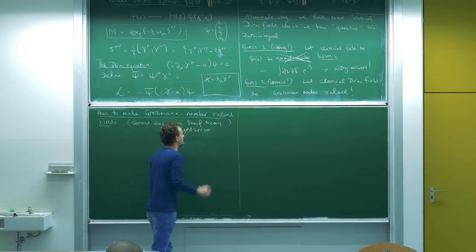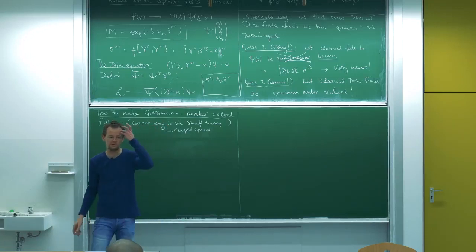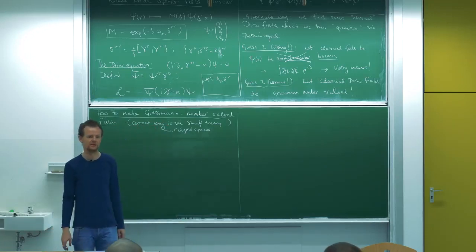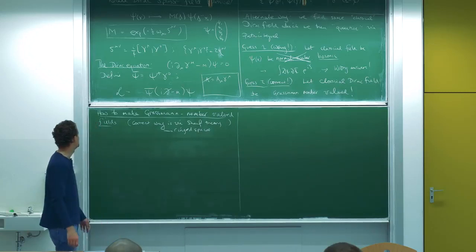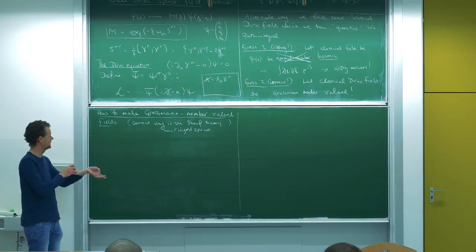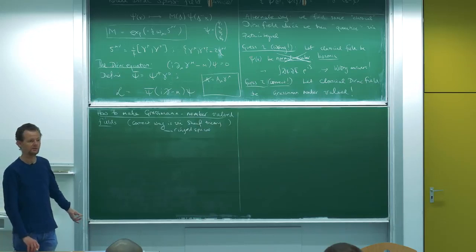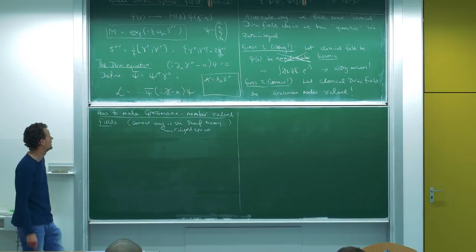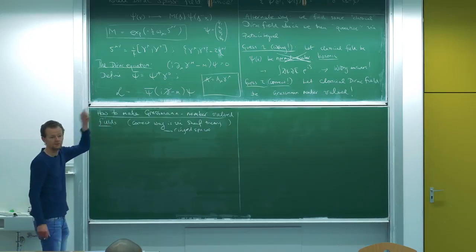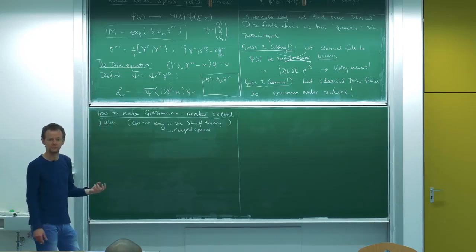I don't know. Someone might be interested in following this up. You can find this in this book on Introduction to Superanalysis. The correct way to deal with Grassmann number fields is you introduce a thing called a ringed space to a manifold, and that object is this particular sheaf. You can assign to the rings involved in this definition the ring of Grassmann numbers, tensor producted with the normal functions.